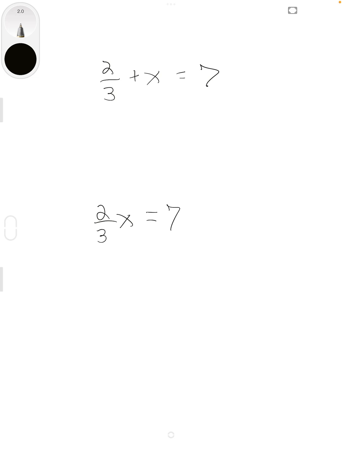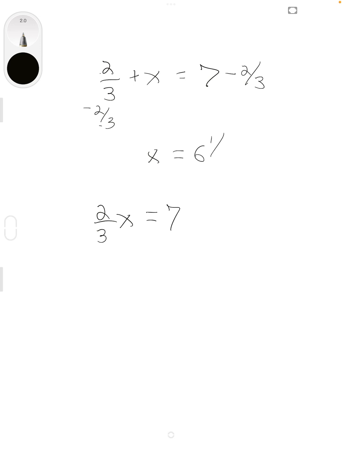If I'm going to solve this one, I'm wanting to get x equals something. How do I get rid of this 2/3? Well, if I subtract 2/3, what's 2/3 minus 2/3? 0. I must subtract 2/3 here. 7 minus 2/3 is 6 1/3. And that makes sense. 2/3 plus 6 1/3 will equal 7.